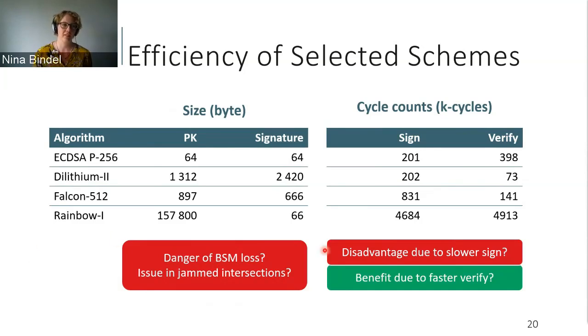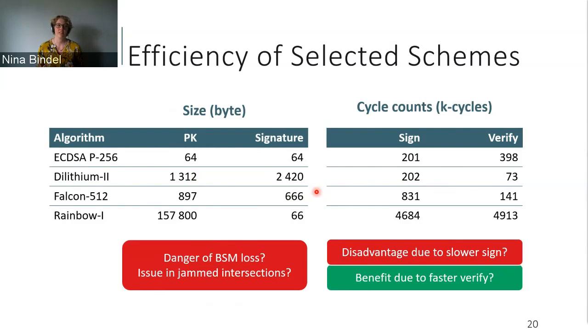These are the numbers everyone will know at the end of the workshop, I guess, so I will not go through them in detail. But what is clear is that all the public keys are larger than the ECDSA key, and also the signature size of the lattice-based schemes, Dilithium and Falcon, is larger than the ECDSA signature.